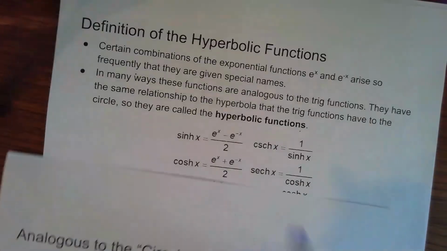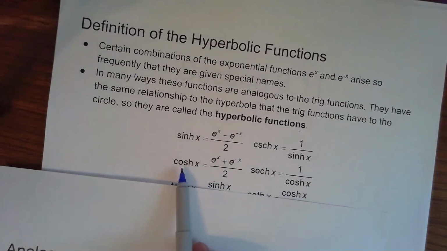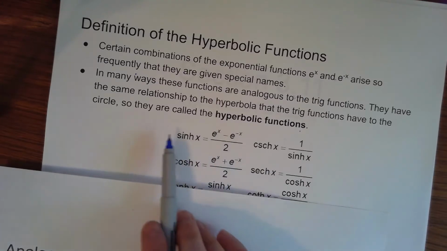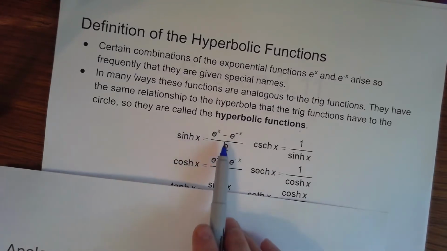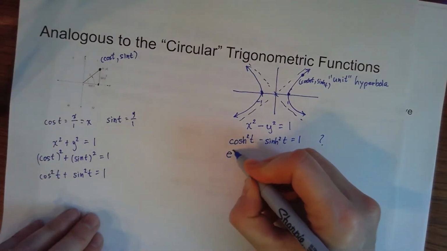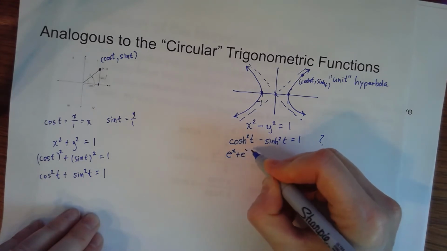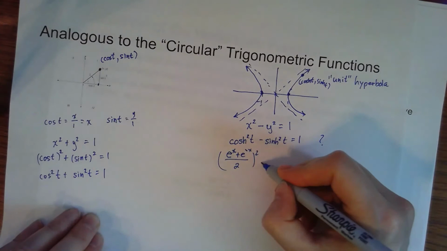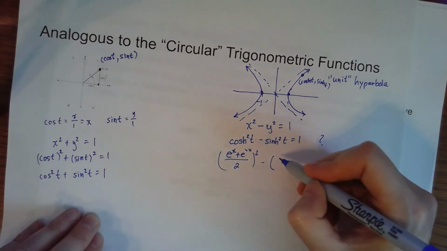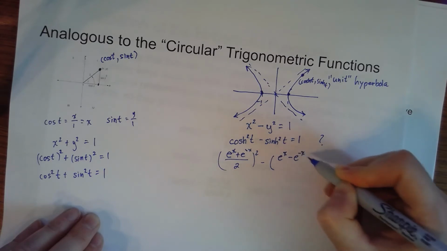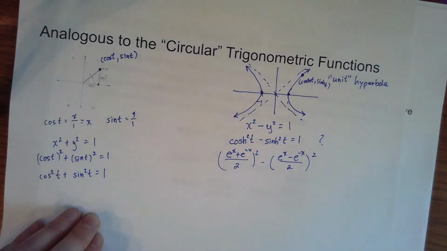Let's see. Notice that the hyperbolic cosine is e to the x plus e to the minus x over 2, and the only difference for hyperbolic sine is there's a minus in there instead of a plus. So this would be (e to the x plus e to the negative x over 2) squared, and then let's see what happens when we do (e to the x minus e to the negative x over 2) squared.